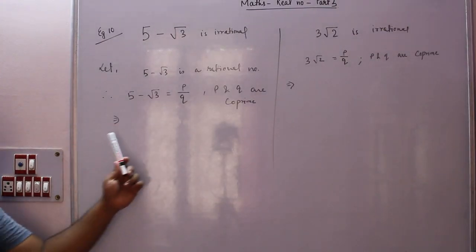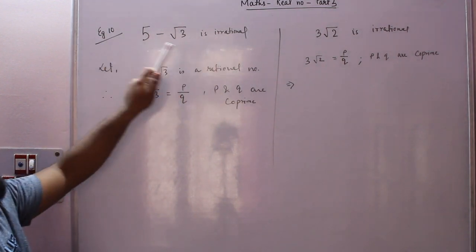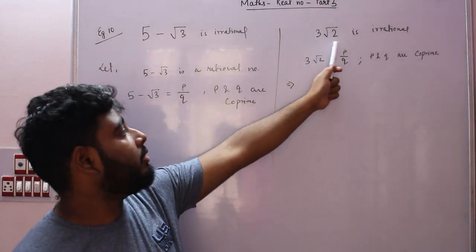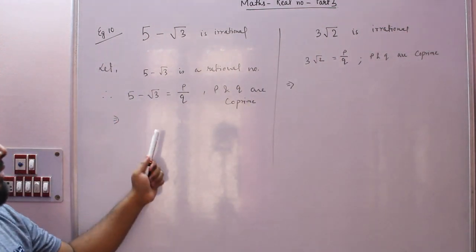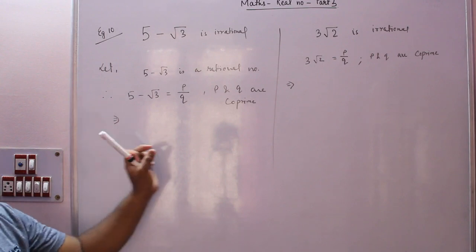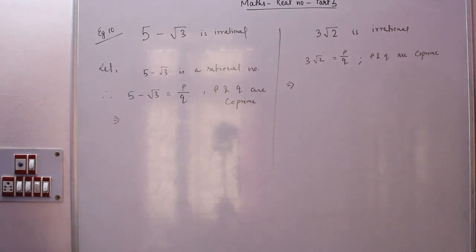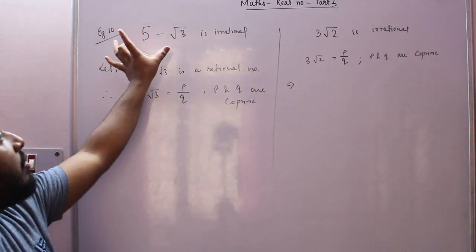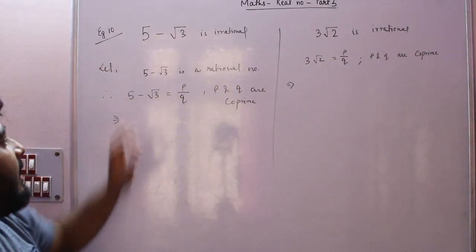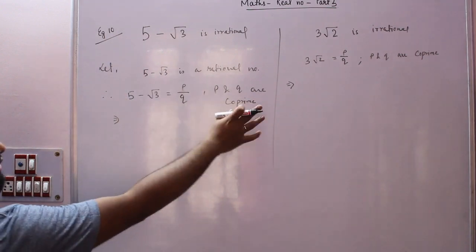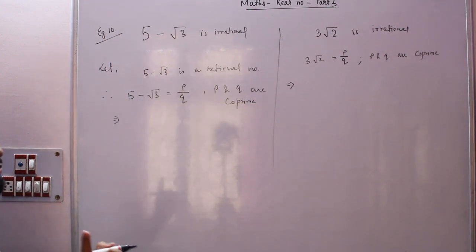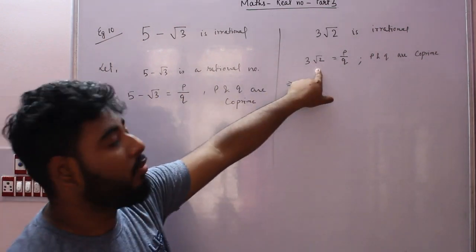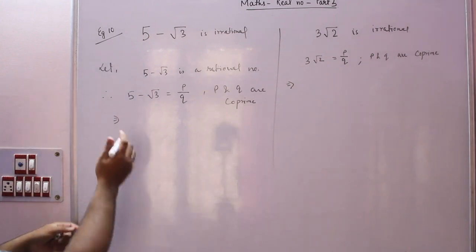See, there are two types of sums. One is examples 10 and 11. Here we have to prove 5 minus root 3 is irrational, and here 3 root 2 is irrational. Same approach you will use, but here there is a shortcut, a trick. We assume that root 3 and root 2 are irrational, and we have to prove this whole number is irrational. So your agenda will be to keep root 3 or root 2 on one side and everything else aside.